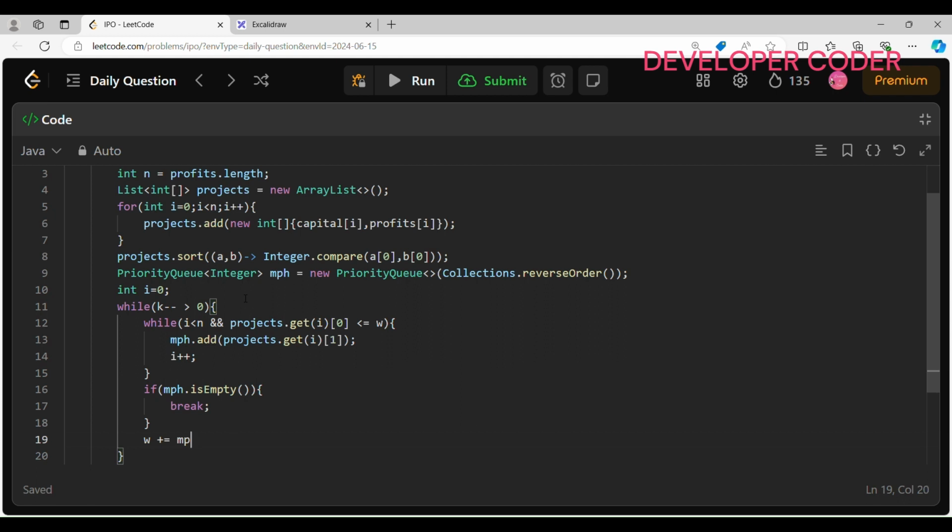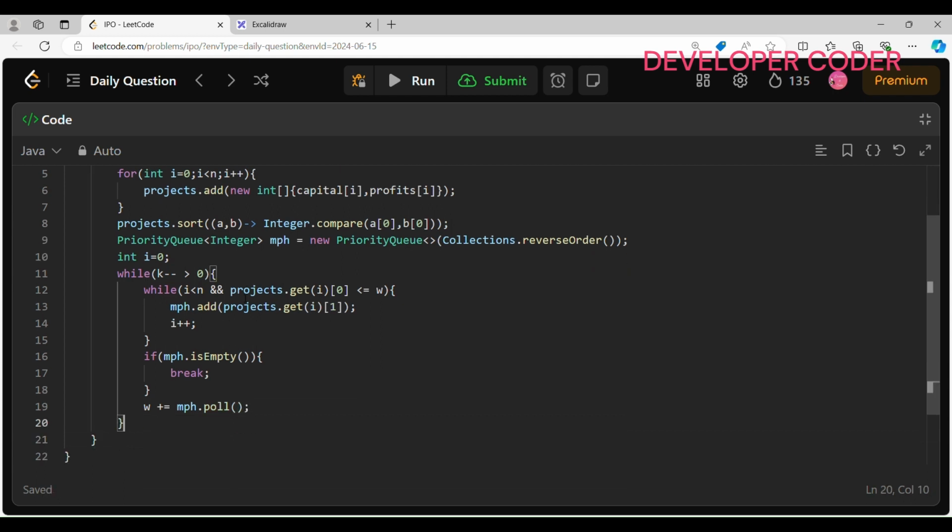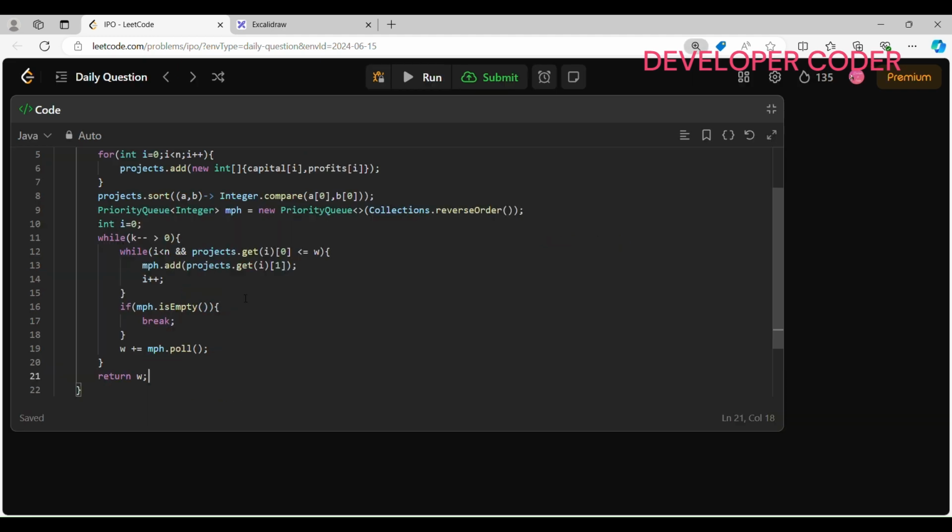We need to get the max value now, so definitely I'm going to use poll, since we are using a max heap. This is done, and in the end we have to just return W. That's it. The code is very easy. Return W. This is done.